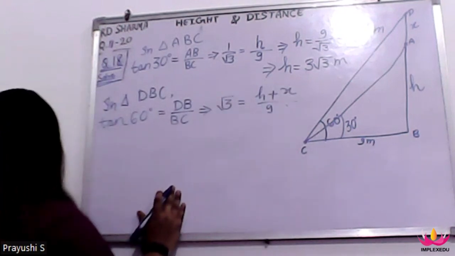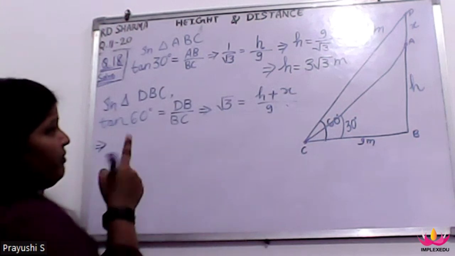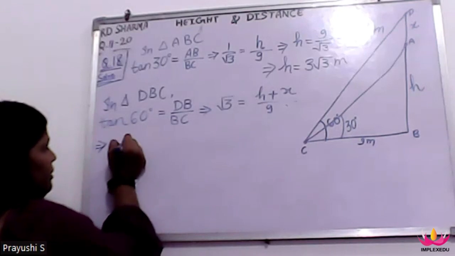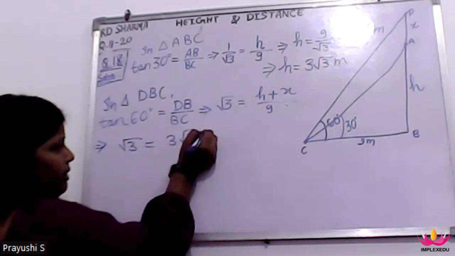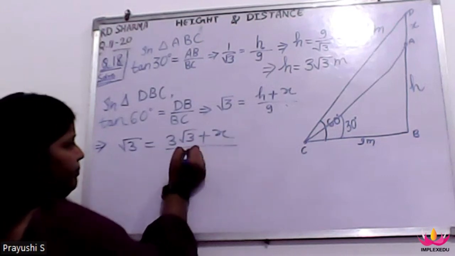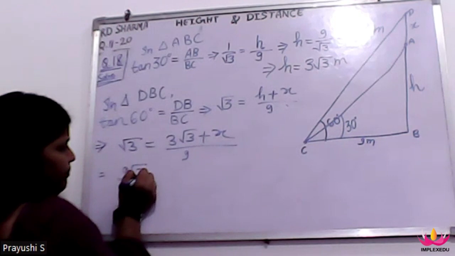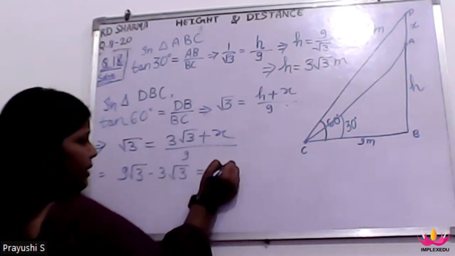Okay. Now we know that the value of h is equal to 3 root 3 m. So we will write here root 3 is equal to 3 root 3 plus x upon 9. So we will get that 9 root 3 minus 3 root 3 is equal to x.